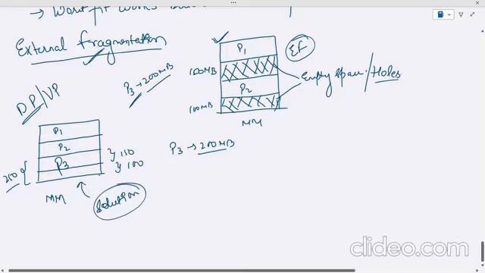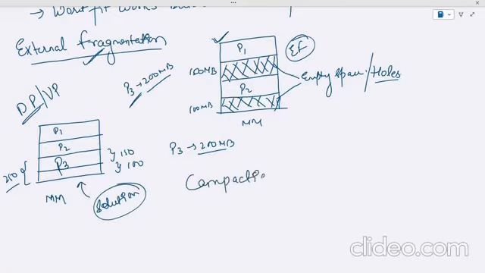Now this solution is called compaction. Compaction means we compress the occupied space and unoccupied space side by side. When we use dynamic partitioning, we definitely suffer from external fragmentation. Dynamic partitioning is a solution to internal fragmentation, but it suffers from external fragmentation.